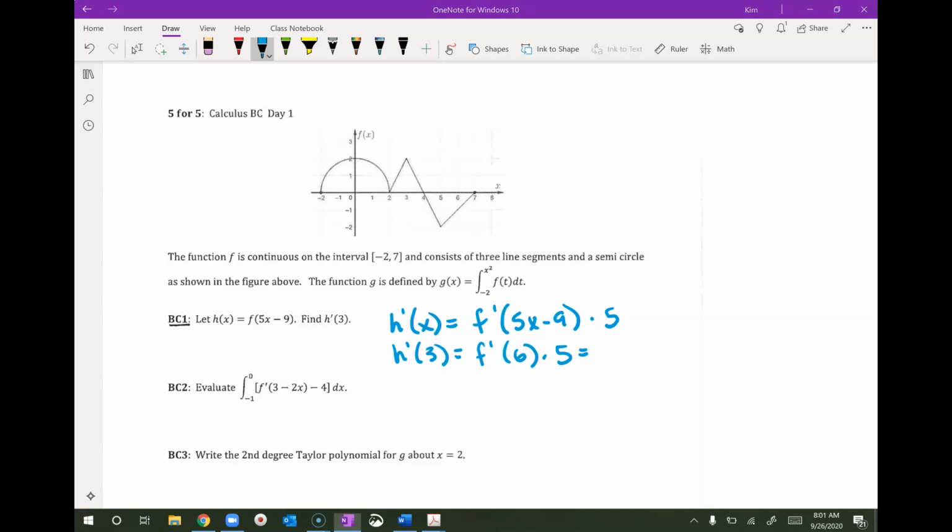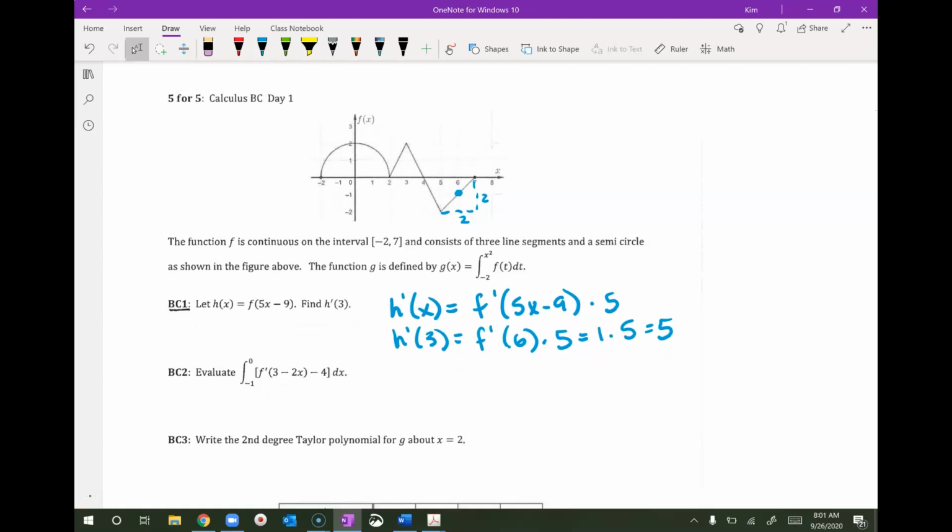So if we go here to 6, it is on that piece of the graph that has a slope, aka derivative, of 1. So we have 1 times 5, which is 5. Very straightforward. Please be expecting something like that on your test because we're going to look at different things to do with a graph. Okay?